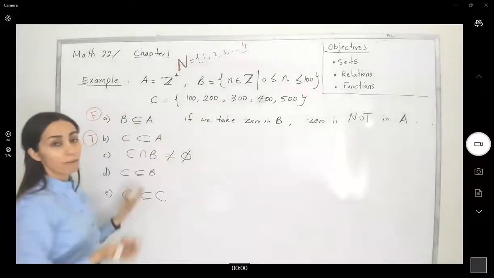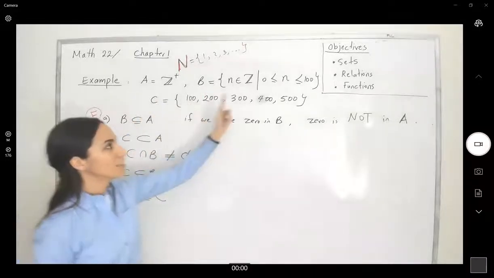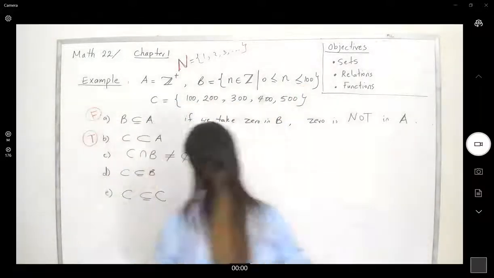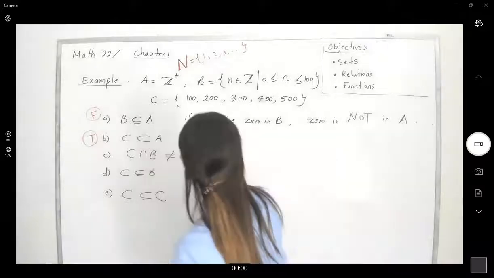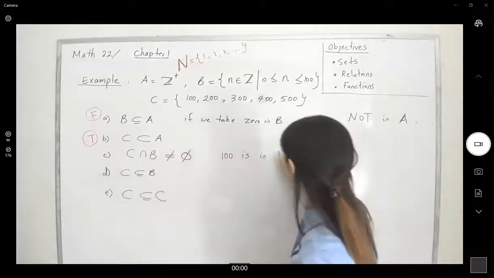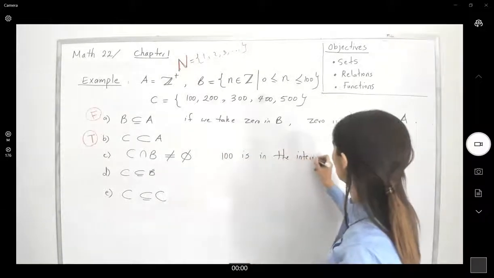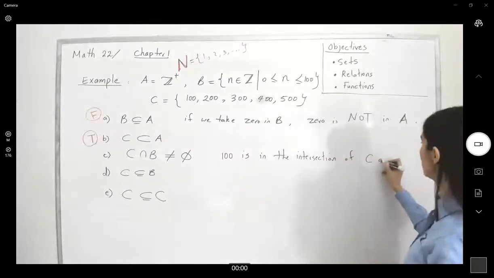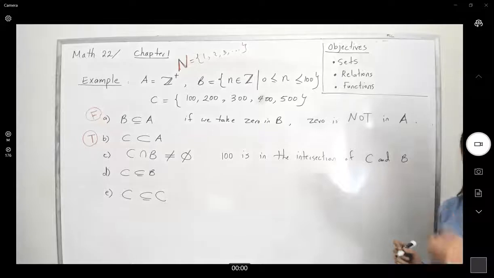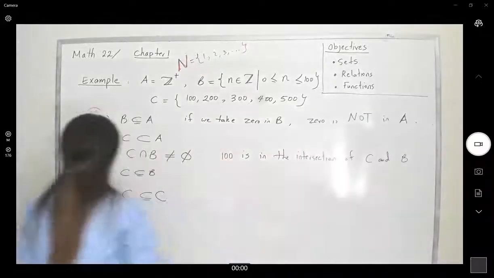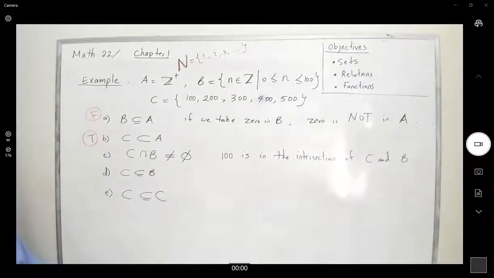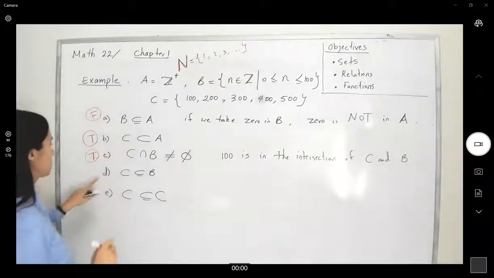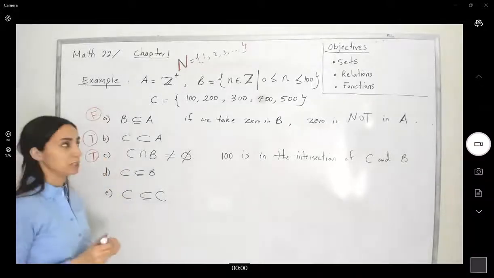Of course, 100 is in the intersection of C and B. There is at least one element in common between them. True.